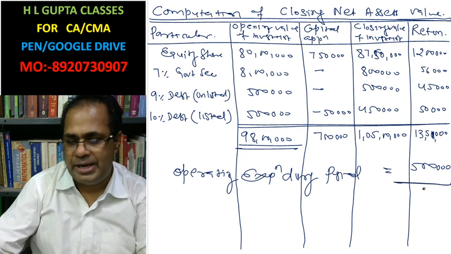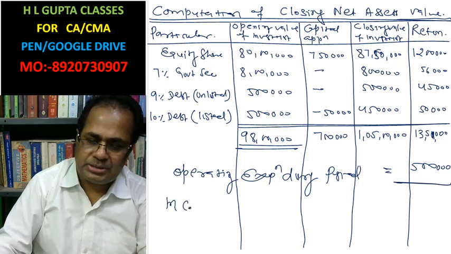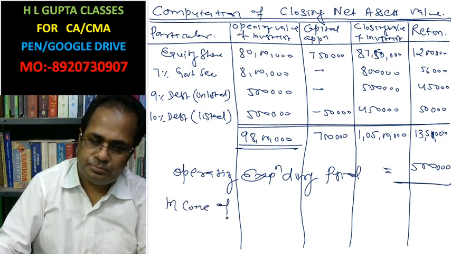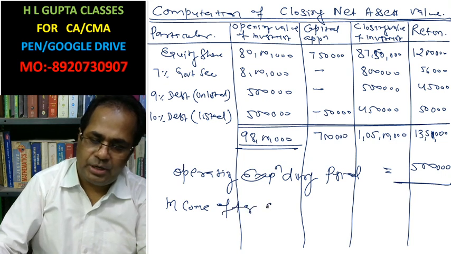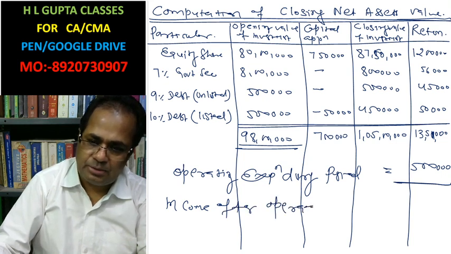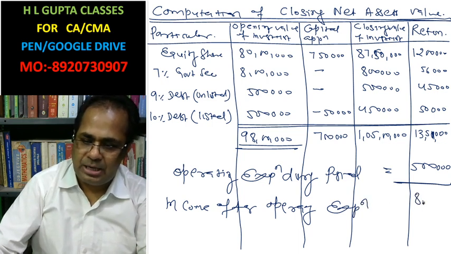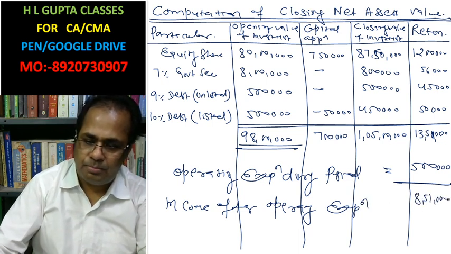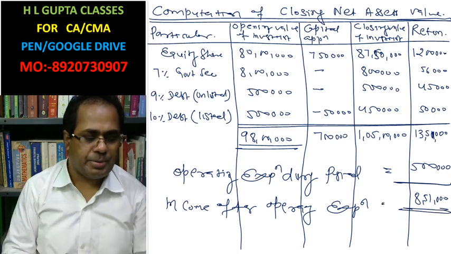Now, what is the income after operating expenses? Income after operating expenses is 8 lakh 51,000.